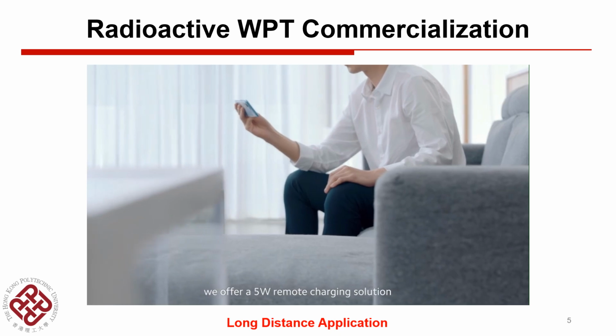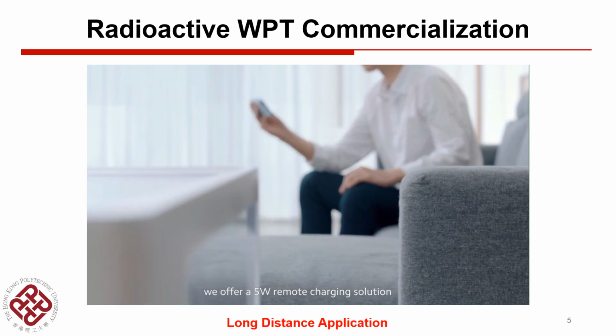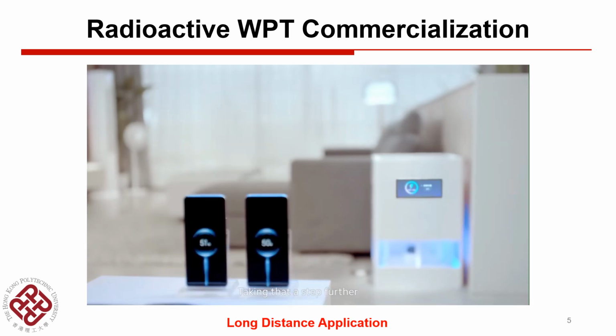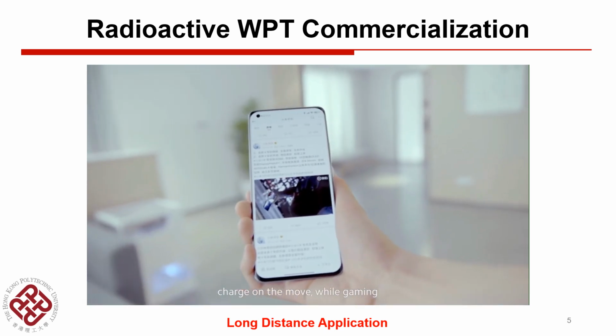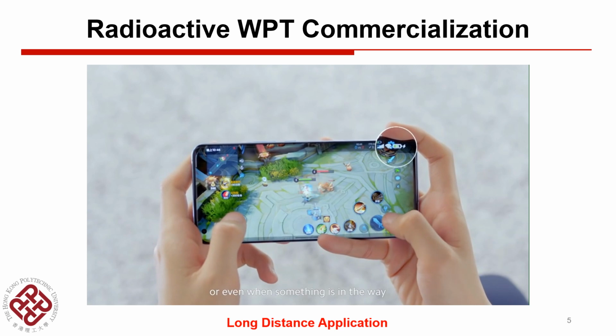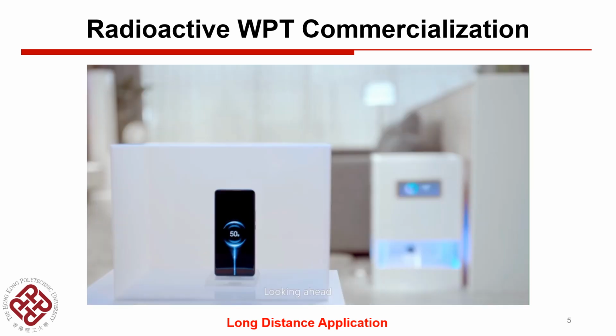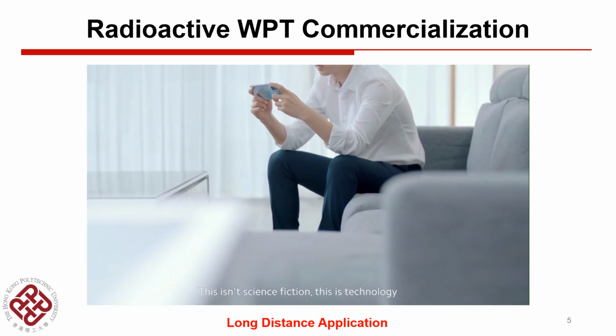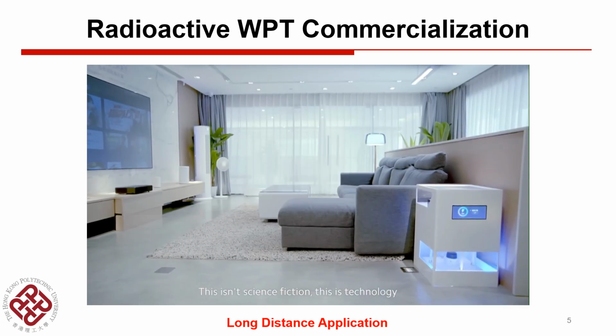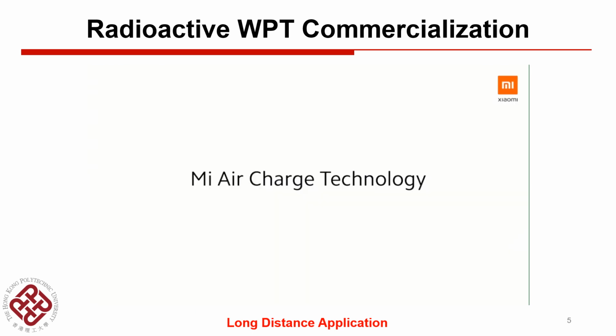Within a few meters, we offer a 5-watt remote charging solution. Taking that a step further, it also supports multi-device charging, charge on the move, while gaming, or even when something's in the way. Looking ahead, smart living goes truly wireless. This isn't science fiction. This is technology. Mi Air Charge technology.